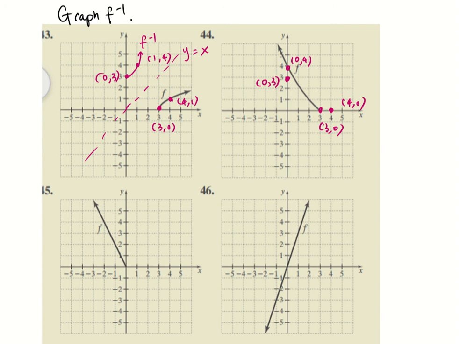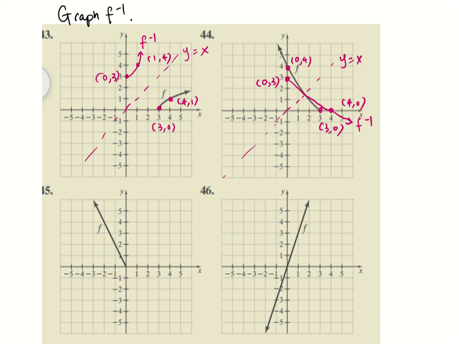And since the 2 graphs will be symmetrical along the line y equals x, which is this line, your graph for f inverse should look like this. This is the graph of the inverse of f.